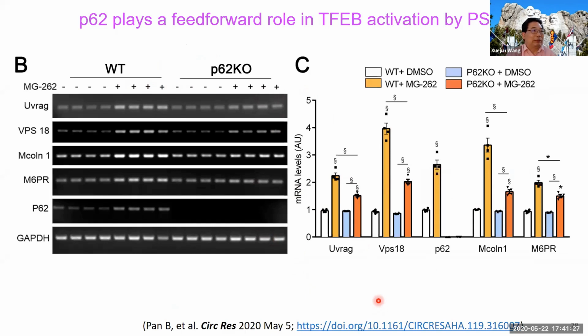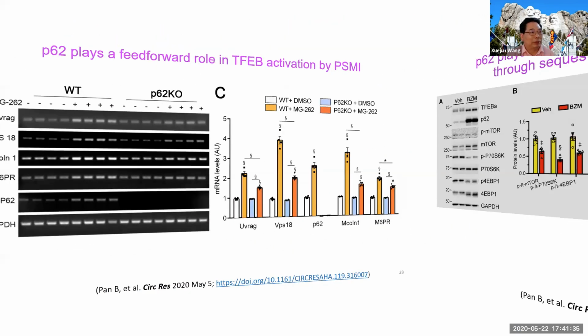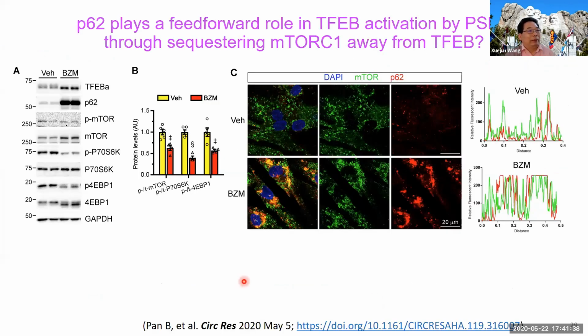That suggests to us that P62 may play a feed-forward role in TFEB activation by proteasome inhibition, which is actually a first documentation, never documented before. We don't know exactly what the mechanism is, but we suspect maybe it is through mTOR suppression, because proteasome inhibition looks like it can suppress mTOR activation, and mTOR actually co-localizes with P62 in the aggregates, especially during proteasome inhibition.